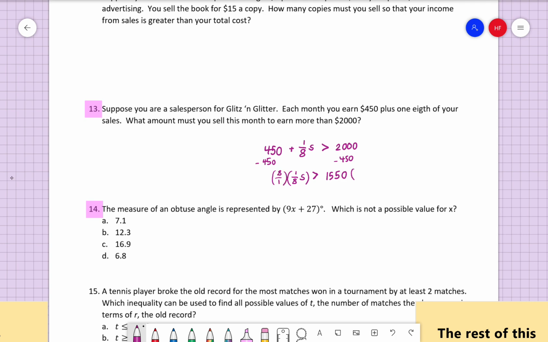So we're multiplying by 8. So your sales would have to be greater than $12,400. So if you sold $12,400 at Glitz and Glitter, then you would earn more than $2,000.